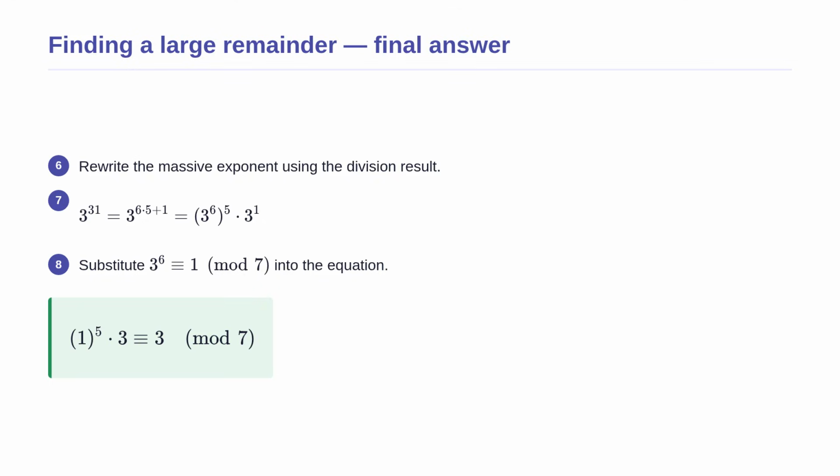Because we know from Fermat's little theorem that 3 to the power of 6 is just 1 in our clock math, we substitute 1 into the equation. The number 1 raised to the power of 5 is simply 1. Multiplying that by 3 gives us our final answer of 3. So without ever calculating the gigantic number, we know with absolute certainty that the remainder is exactly 3.